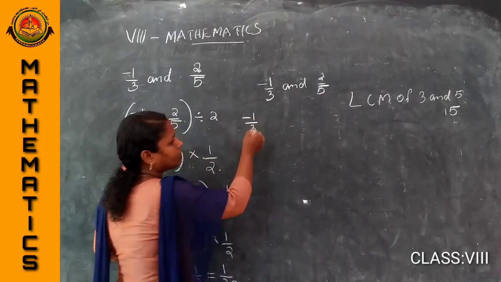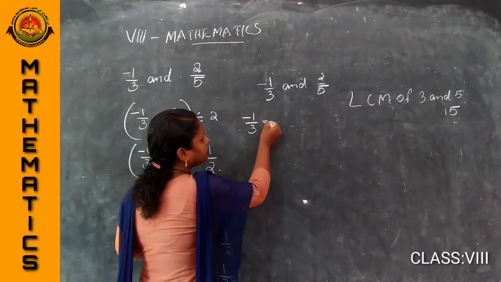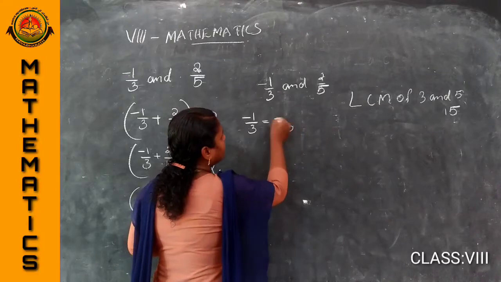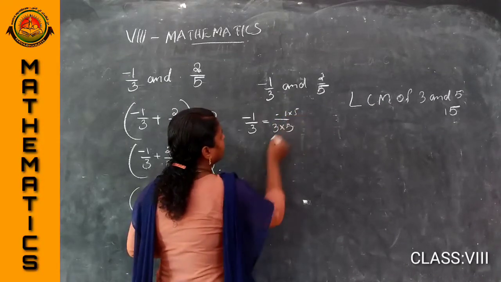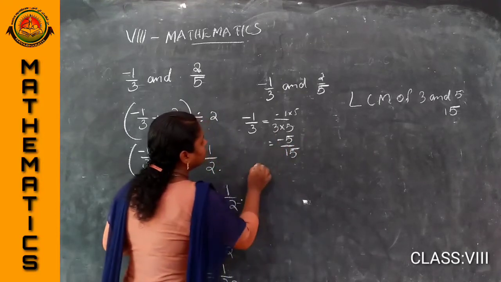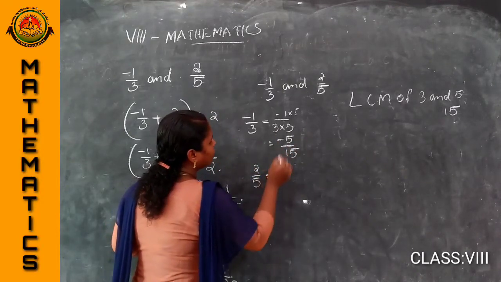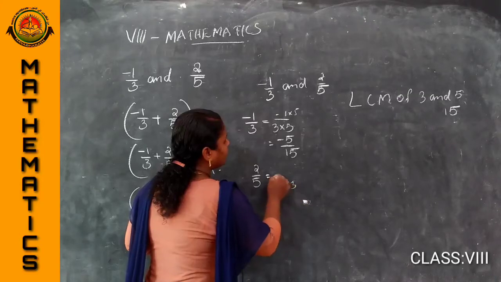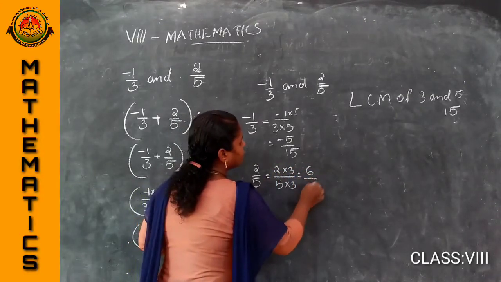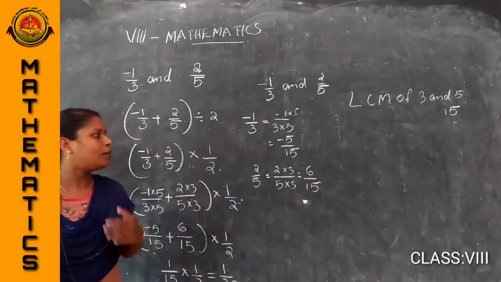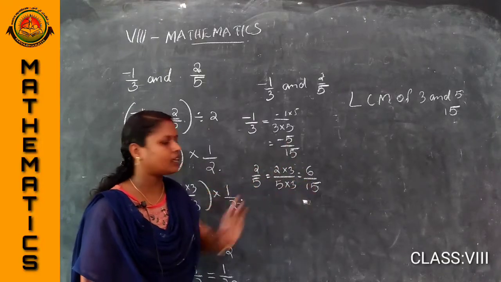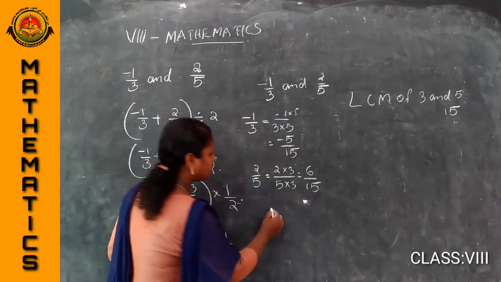Negative 1 by 3 is equal to negative 1 into 5 by 3 into 5, that is negative 5 by 15. And 2 by 5 is equal to 2 into 3 by 5 into 3, that is 6 by 15. Then we will get many rational numbers in between negative 5 by 15 and 6 by 15. Which are they?